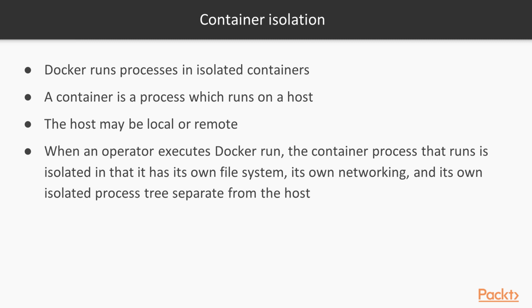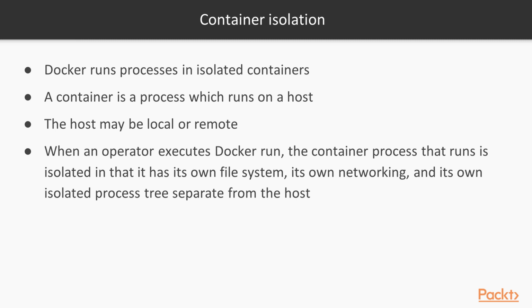Container isolation. Docker runs processes in isolated containers. A container is a process which runs on a host. The host may be local or remote. When an operator executes Docker run, the container process that runs is isolated, and it has its own file system, its own networking, and its own isolated process tree separated from the host.